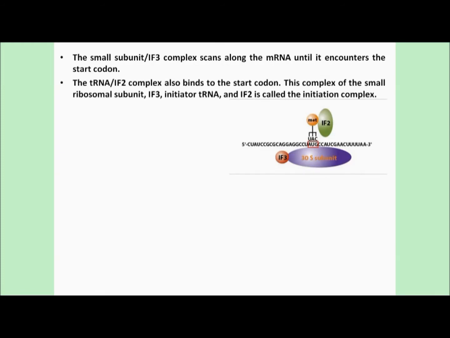Next, the tRNA and IF2 complex will bind to the start codon. They are going to bind here. This complex of the small ribosomal subunit, IF3, initiator tRNA and IF2, all together, is known as the initiation complex, because from here the initiation of the translation process will start.